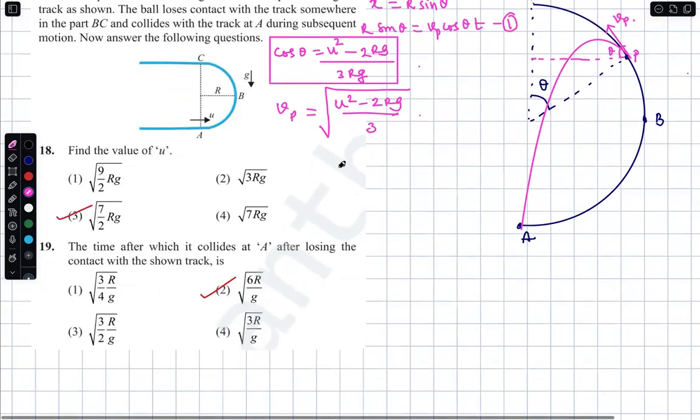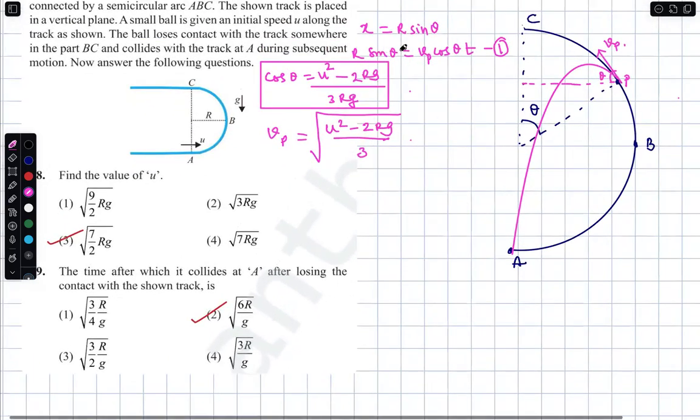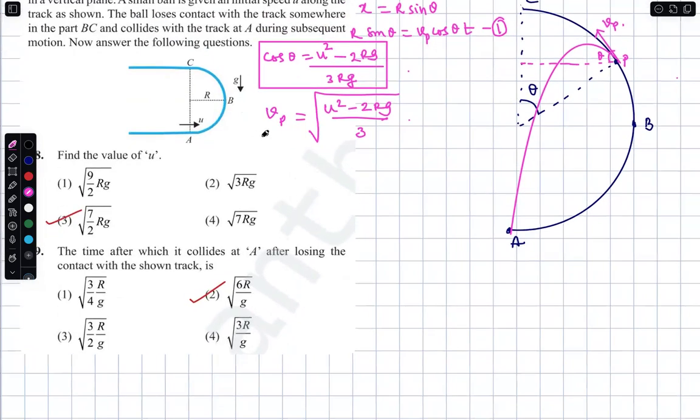Use this relation now. Equation 1, r sin theta is vp cos theta times t. So use these substitutions in this. Therefore what you are getting is r sin theta is vp, root of u square minus 2rg by 3, times cos theta into t.